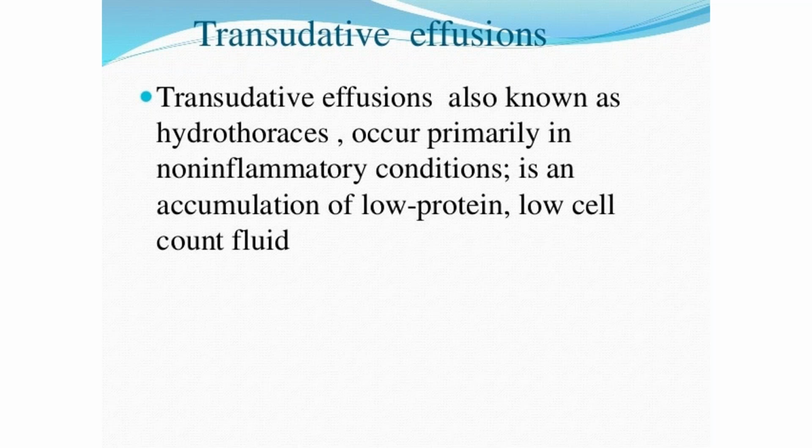It is an accumulation of fluid of low protein and also low cell count. We will discuss in one of the coming slides what is the normal protein and cell count in the normal pleural fluid.